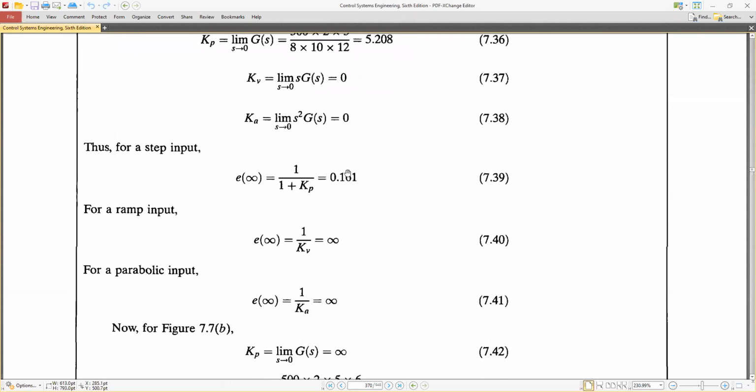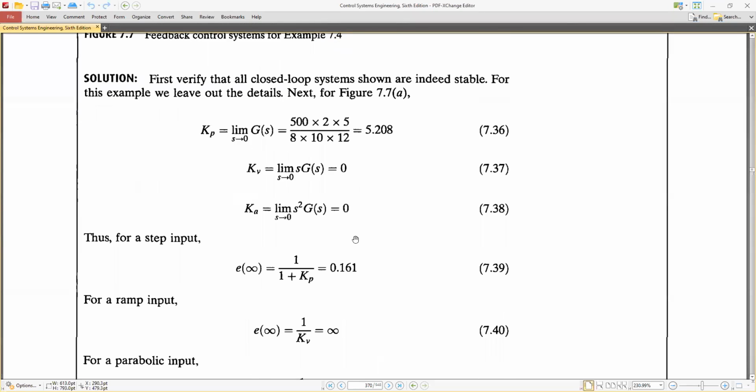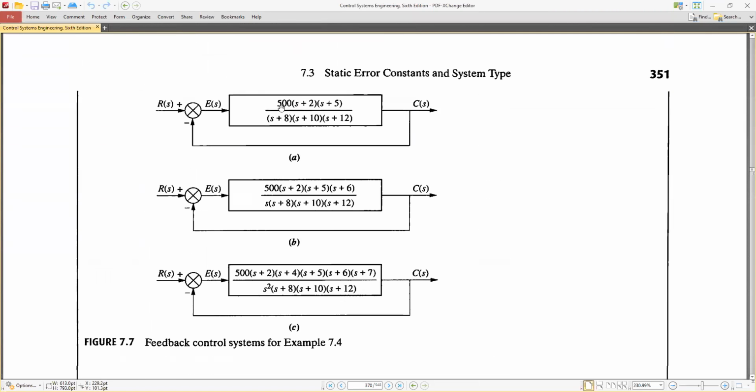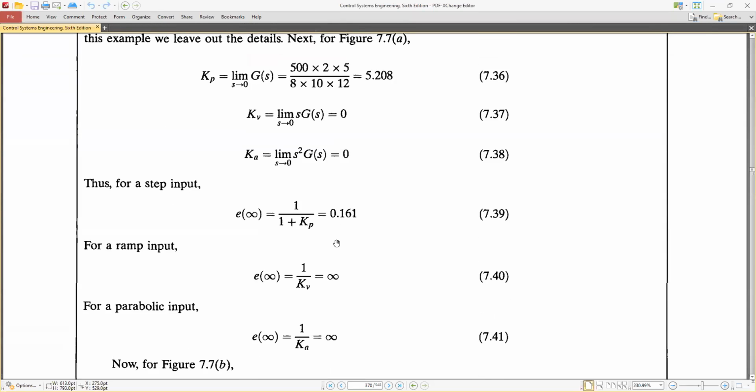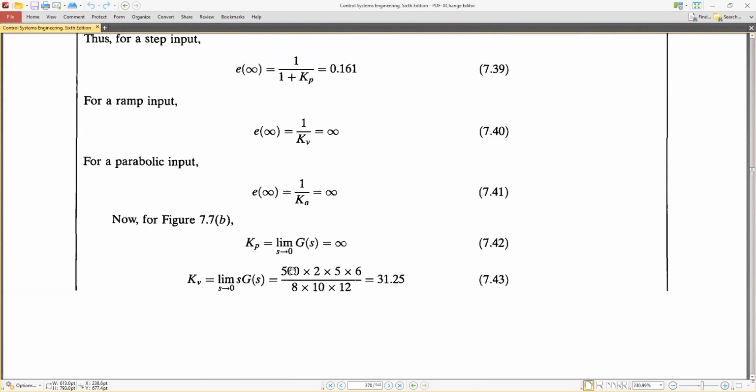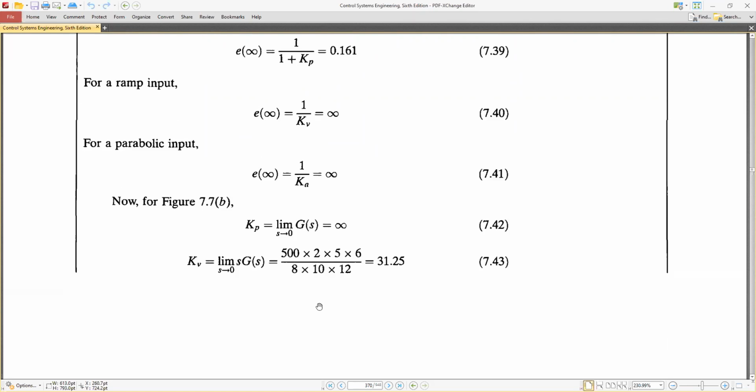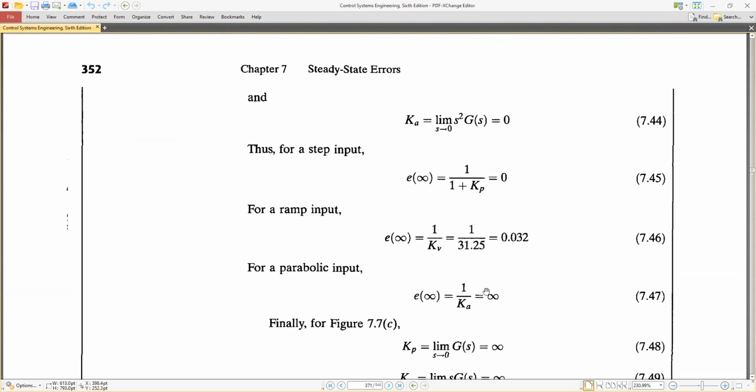So see, for the step input, this is 0.161. That is for the first one, and for the second one, in the same way.